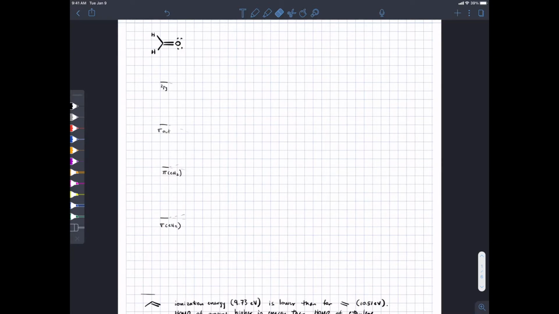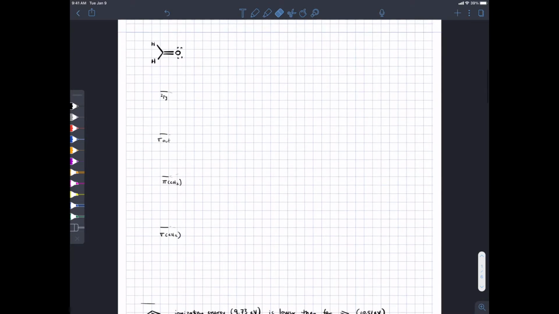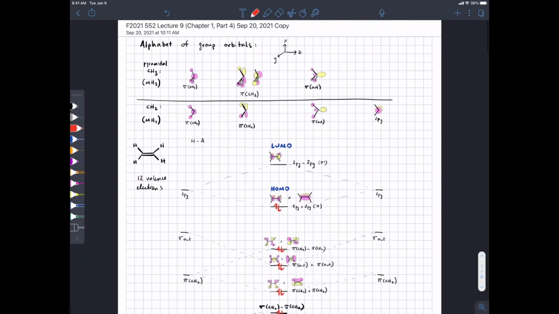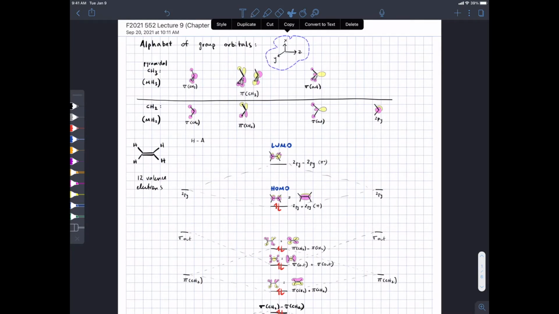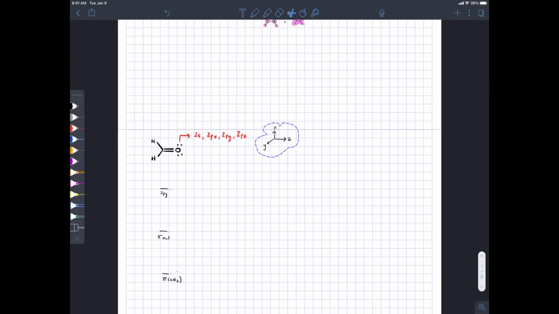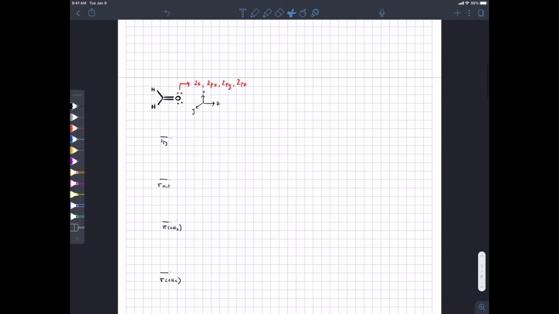Now we won't need to consider any geometry for oxygen because it's simply a single atom. So the orbitals we will have available from oxygen will be the 2s orbital, the 2px, the 2py, and the 2pz. And I'll copy our coordinate system so that we know which directions x, y, and z are. It doesn't really matter, though it will be helpful for our discussion to be consistent.